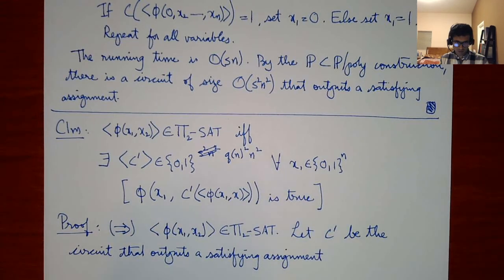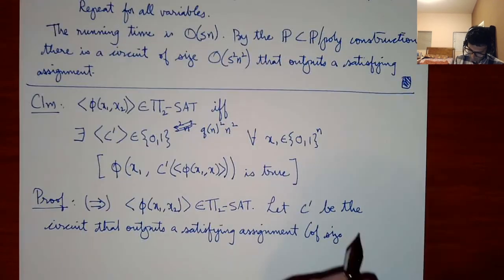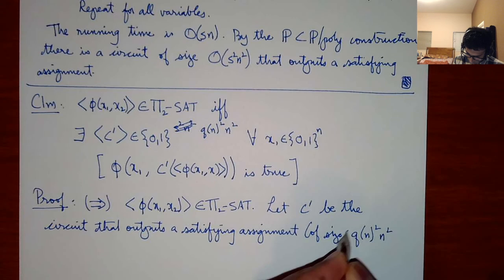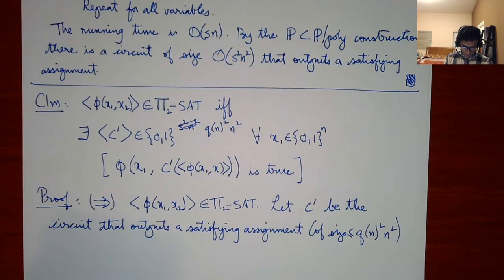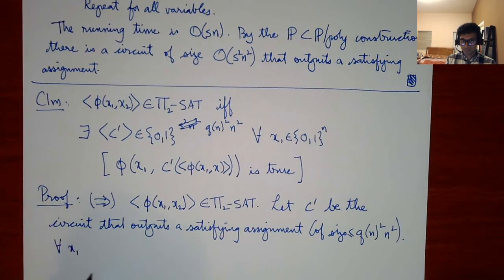So we know that the circuit exists of size q of n square. So there's some circuit. Now, because phi of x1, x2 is in pi 2 sat, we know that for all x1, phi of x1, fixing x1 and leaving the second one open, this is satisfiable.